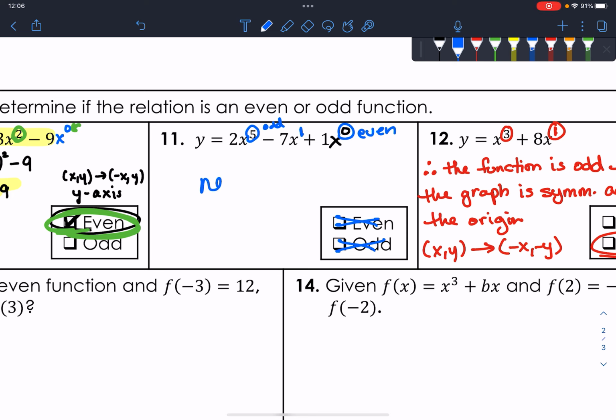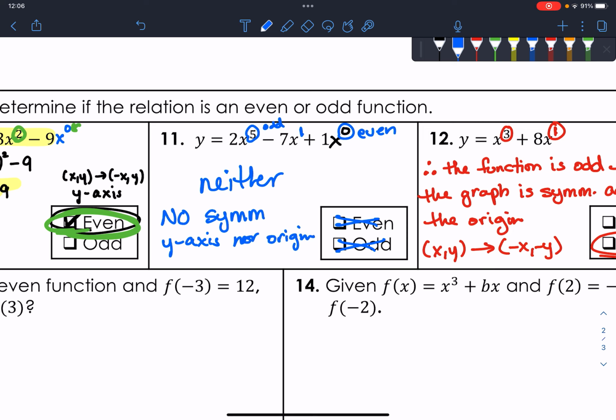This is neither an even function or an odd function. And which means it has no type of symmetry. No symmetry through the y-axis nor origin. And because it's a function, automatically it is not symmetrical through the x-axis. Functions cannot be symmetrical through the x-axis.